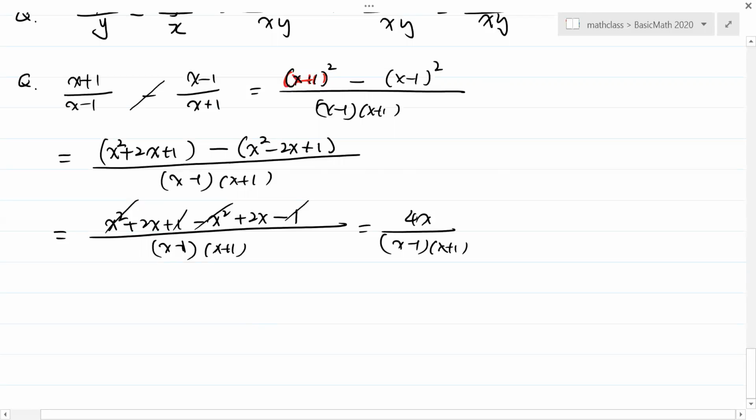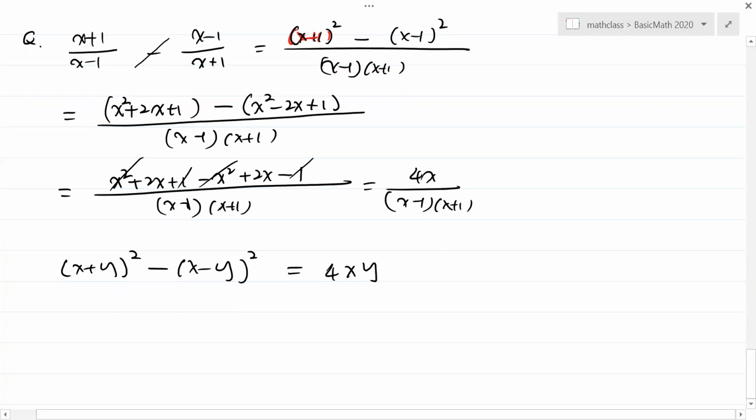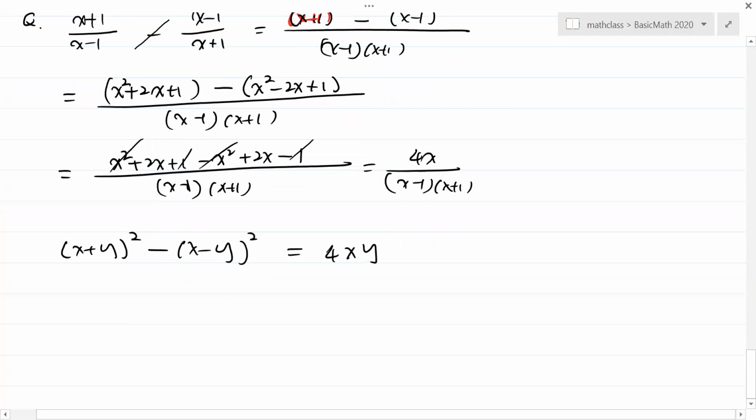So remember, we have x plus y squared minus x minus y squared, and eventually you get 4xy after you expand it. We do need to know quickly the formula. This is x squared plus 2xy plus y squared.